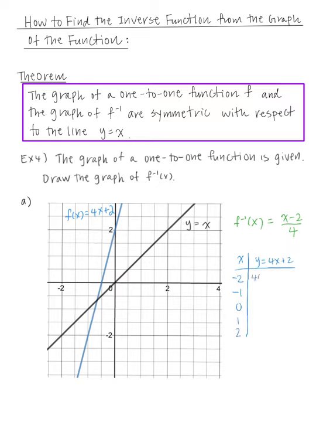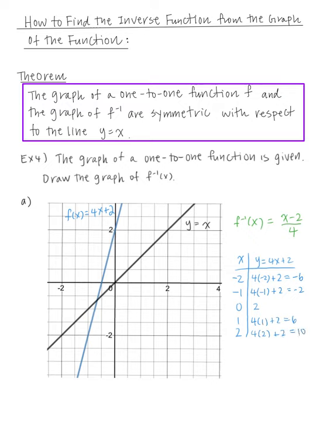So you're going to have 4 times -2 plus 2, which is -6. And then we're going to have 4 times -1 plus 2. So that gives us -4 plus 2, which is -2. And when x is 0, it's going to be 2. And then 4 times 1 plus 2 is going to give us 6. And then 4 times 2 plus 2 is 10.